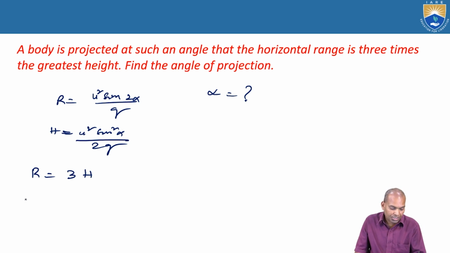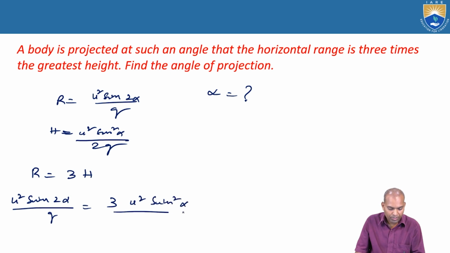By using this relation, u square sine 2 alpha by g equal to 3 times u square sine square alpha by 2g. The g and u square get cancelled, and from this alpha can be calculated.